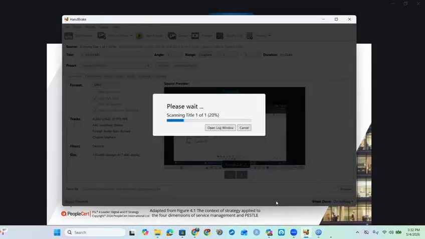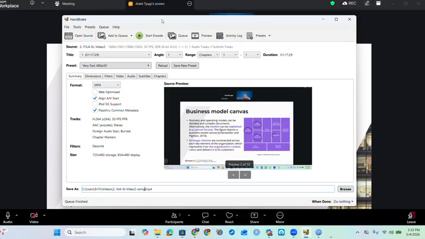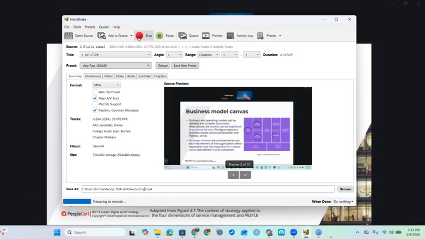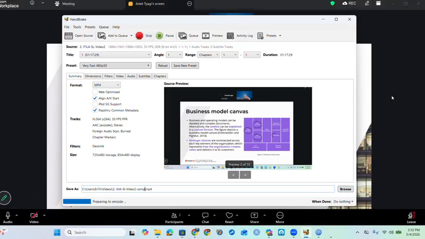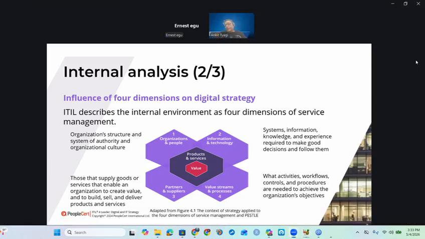There are always partners and suppliers required. When I say they are required, I'm not saying it's always the strategic partners and suppliers that we may need, even the operational suppliers, even the commodity suppliers. Every organization is somewhere dependent upon these partners and suppliers, so we need to look at those which can help us to create value and build, sell, and deliver the products and services.